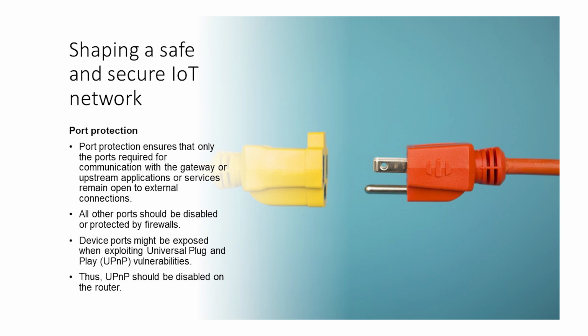Device ports may be exposed when exploiting universal plug and play vulnerabilities. For instance, I am placing a little USB thing in my laptop to be able to use this. It is plug and play, so I do not have to go and install specifically some software.